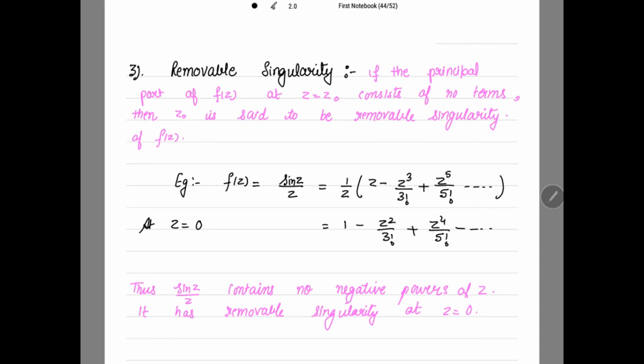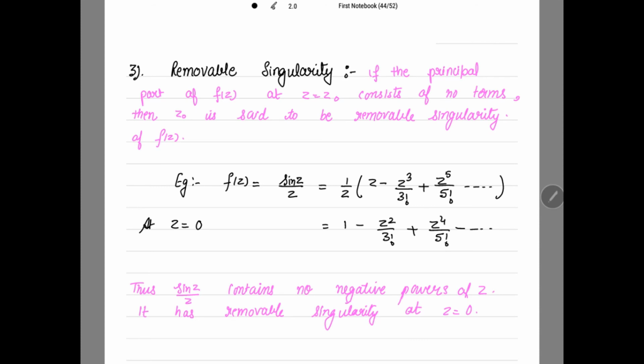Hence, z equal to 0 is a removable singularity, right? Thus sin z over z contains no negative powers of z. Whenever you have negative powers of z, that means you have a principal part in that function. So this function contains no negative powers of z, so it has a removable singularity at z equal to 0.